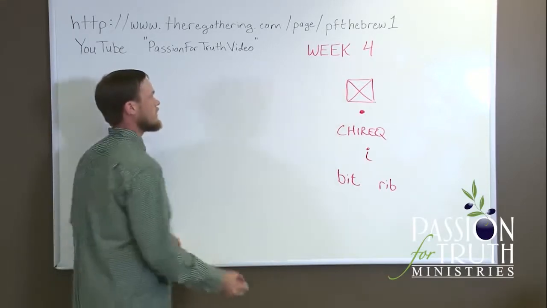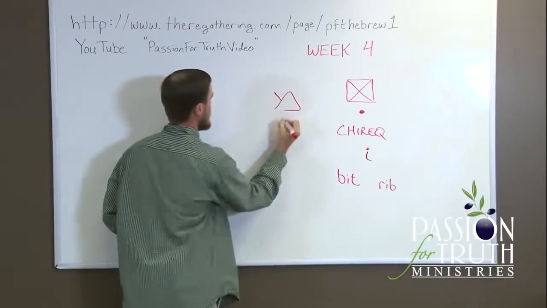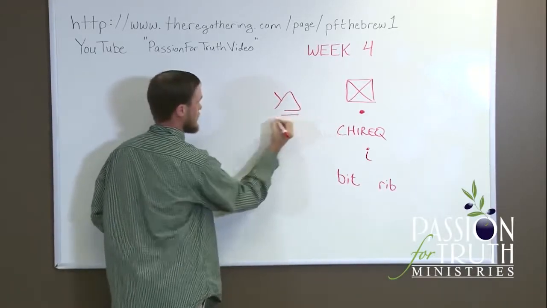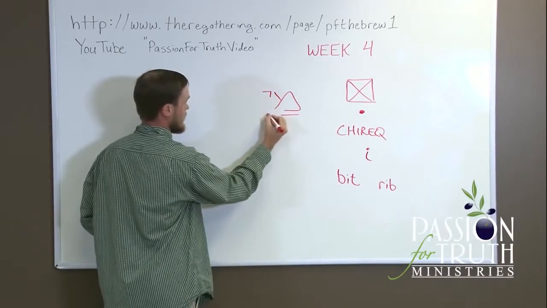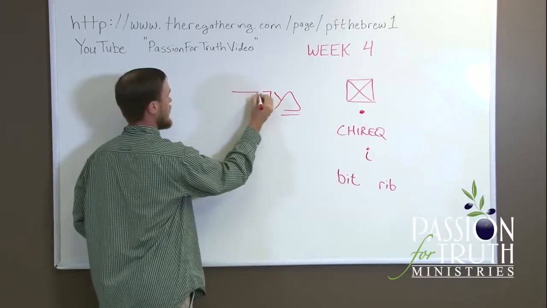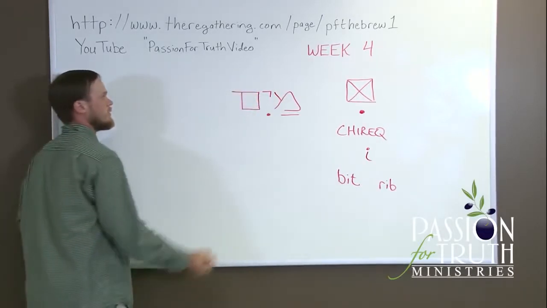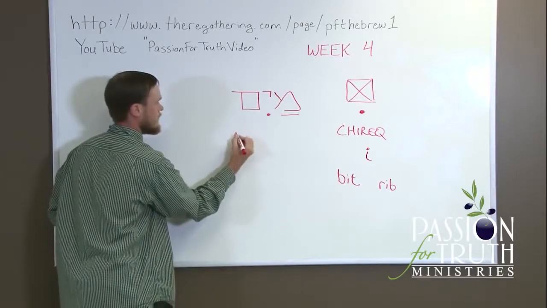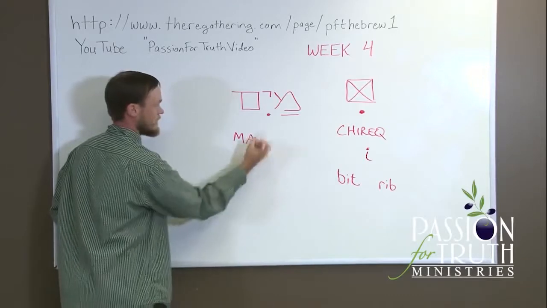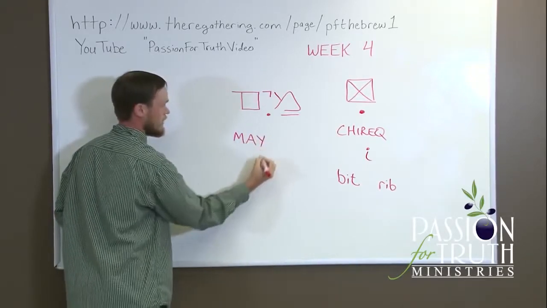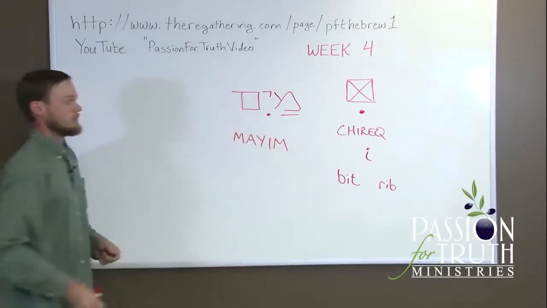And using the chirik, if we have a mem with a patach, a yod with a chirik, and then a final mem. First we pronounce the mem, the short a of the patach, the y of the yod, the short I of the chirik, and finally the m of the final mem.